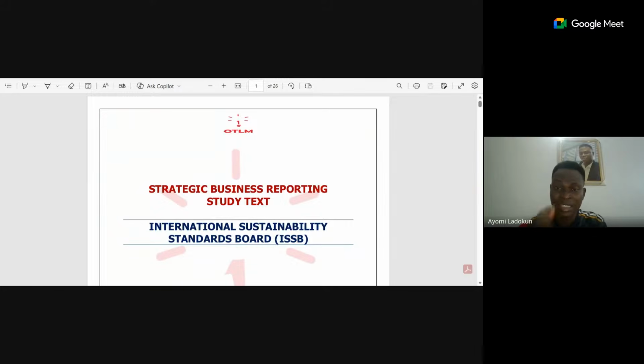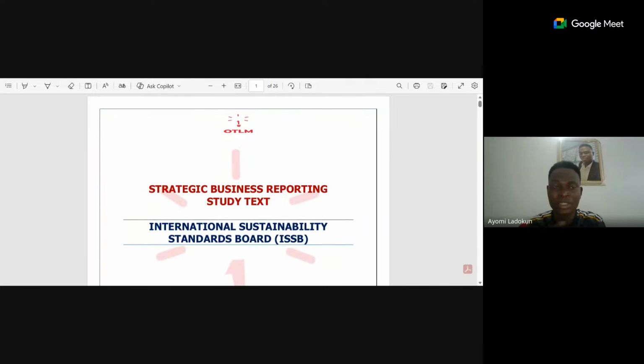But again, the Financial Reporting Council of Nigeria already rolled out a roadmap to adoption of sustainability standards, all right? So it did it in 3 phases, phase 1, phase 2, phase 3. Phase 1 is the early adopters. We are currently in phase 2, which is the voluntary adopters, I think from 2024 to 2027, and this is 2025, right?